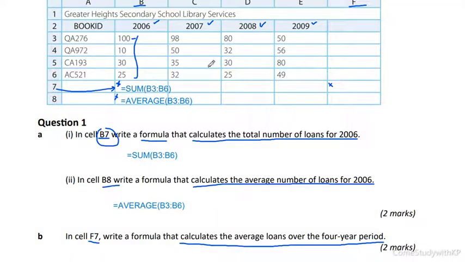And average is usually the sum divided by the number of items that you're adding.